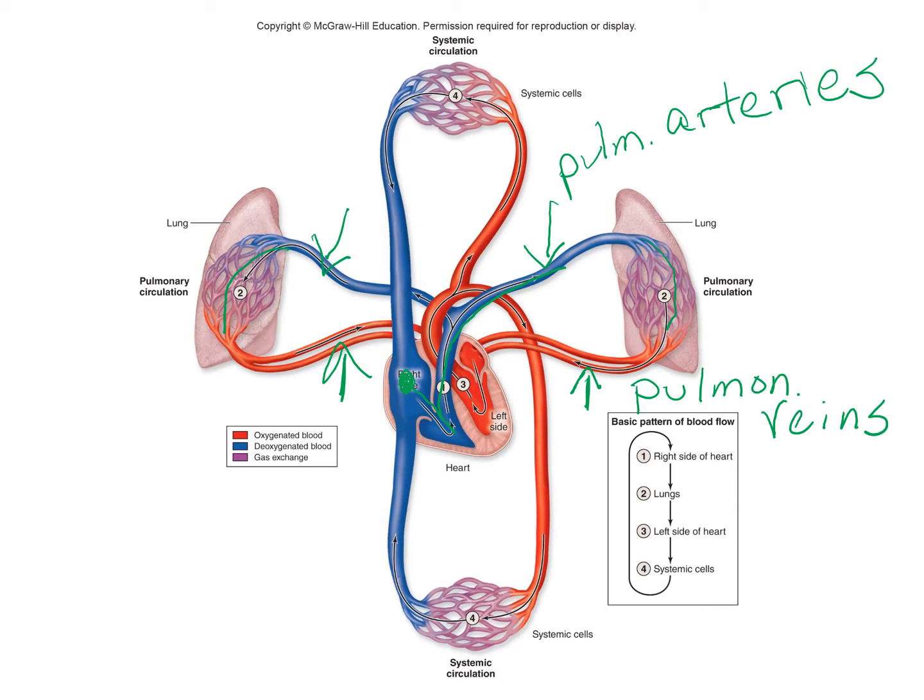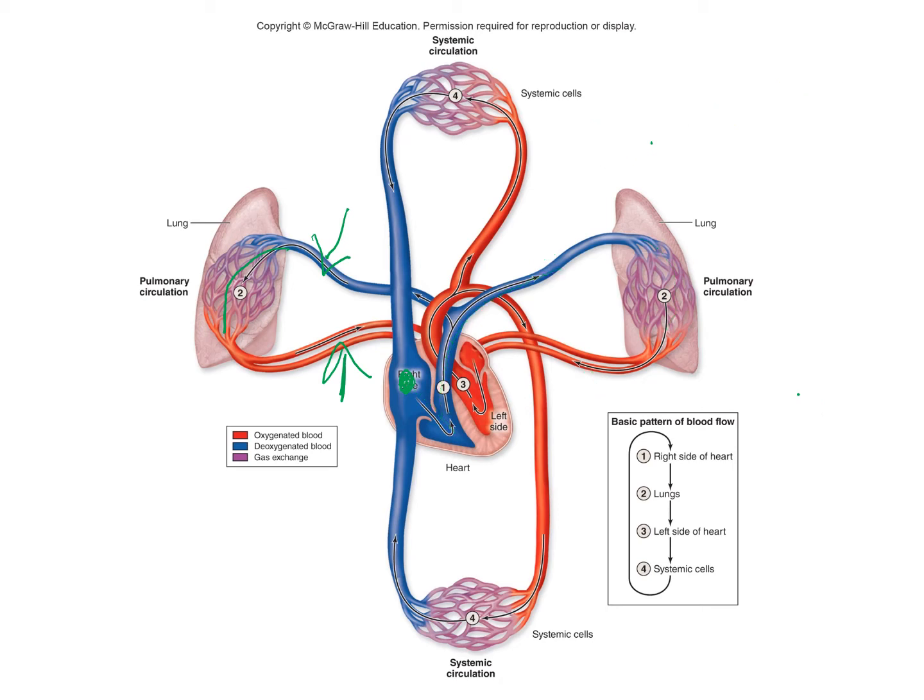Now, let's clear that for a minute. Let's erase this real quick and let's look at systemic circulation. So systemic circulation, we start in the left ventricle, leave the left ventricle, headed out to the capillary beds that feed all the organs. These are our systemic arteries. We're going away from the heart, and yes, these do have oxygenated blood.